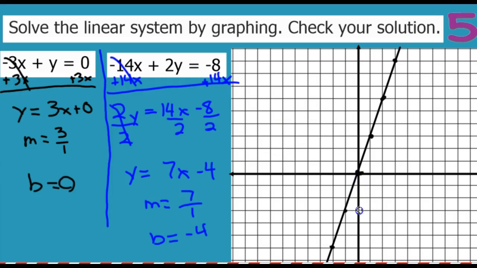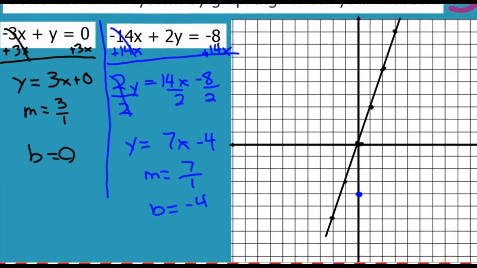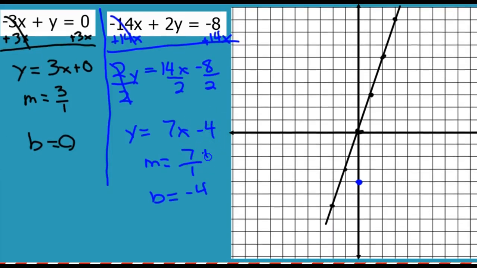Negative 1, 2, 3, 4. Now our m tells us to go up 7 and over 1. So up 1, 2, 3, 4, 5, 6, 7, and over 1.